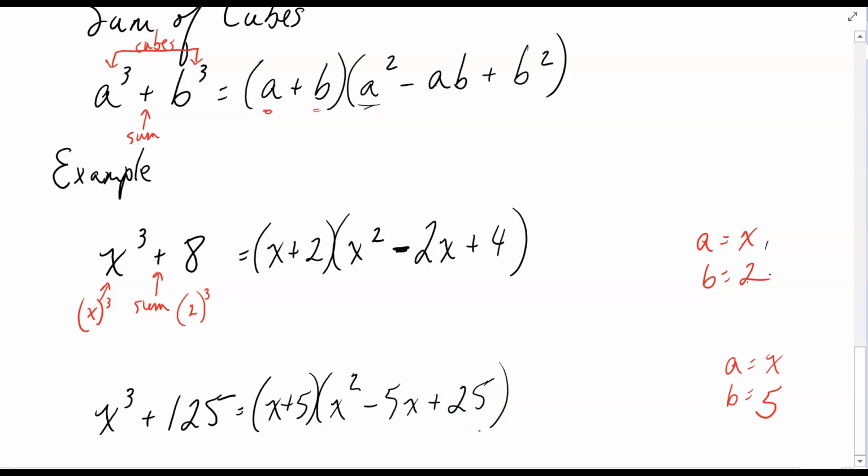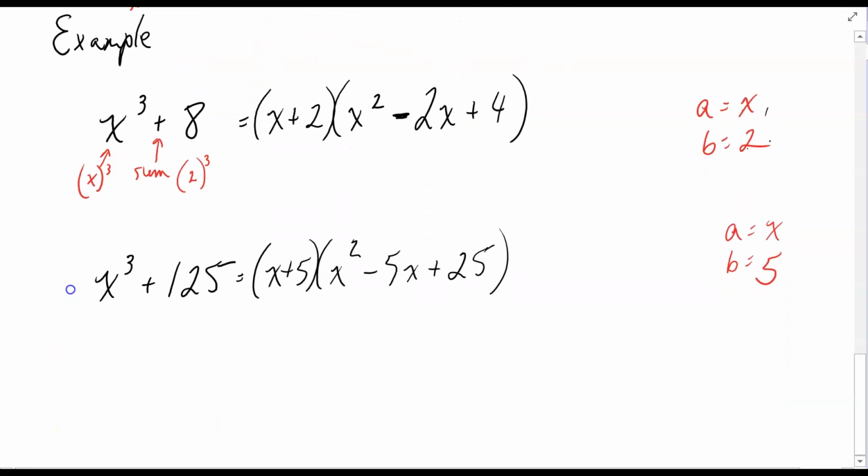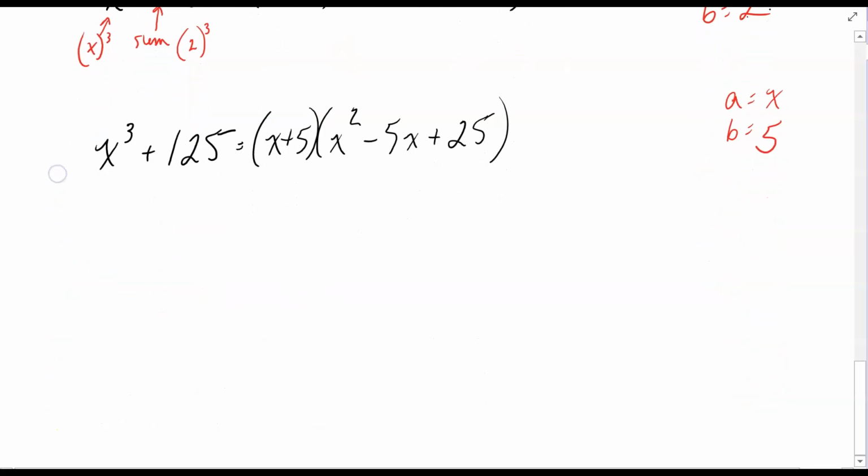And again, the same thing can happen with these. You might have a common factor first. So let's throw in the common factor example and do 3x cubed plus 24. All right. It might look like it could be a sum of cubes, but not right away.